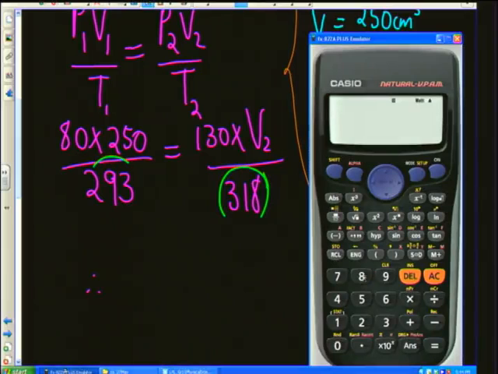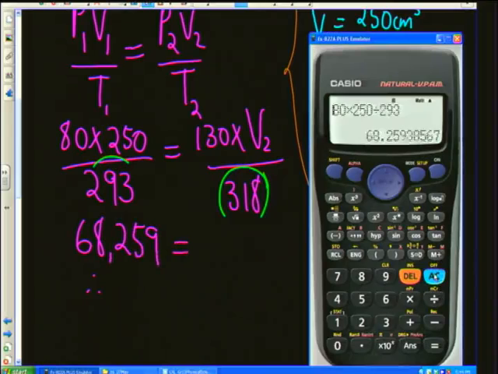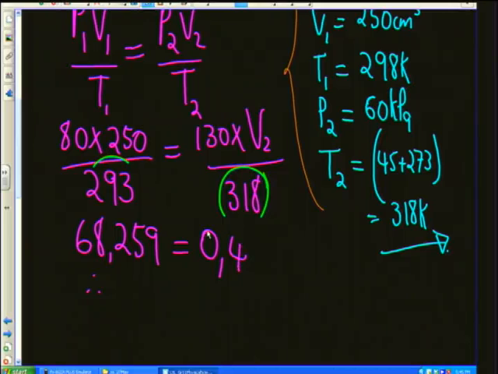This is 80 times 250 divided by 293, and we get 68,259. Then we work out the fraction this side, which is 130 divided by 318, and your answer is 0.409.